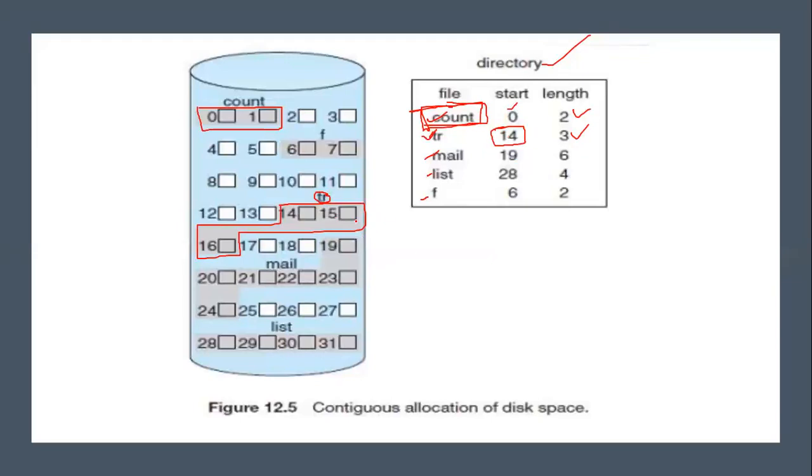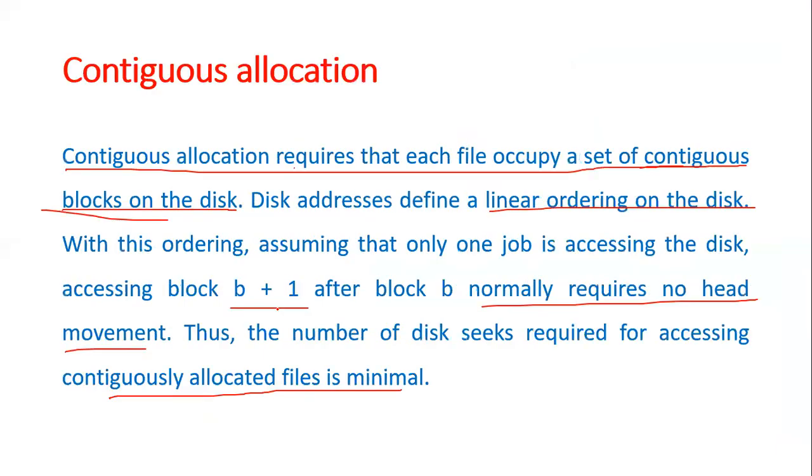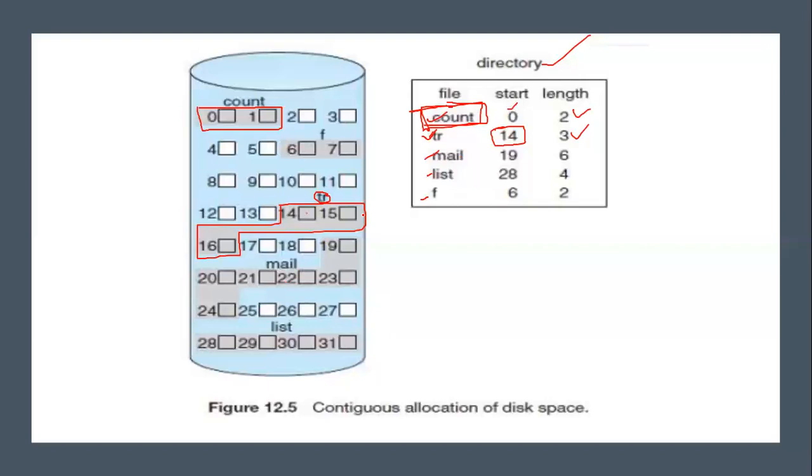You should not allocate the 14th block, then one block here, the 18th block, the 25th block. That is not possible in contiguous allocation, because contiguous allocation requires that each file occupy a set of contiguous blocks on the disk. We should allocate continuously only.